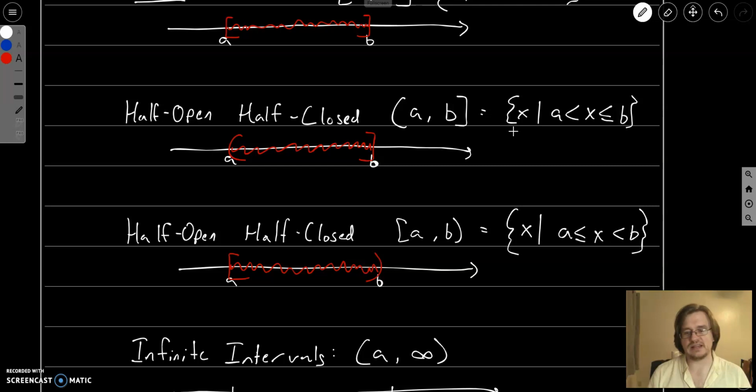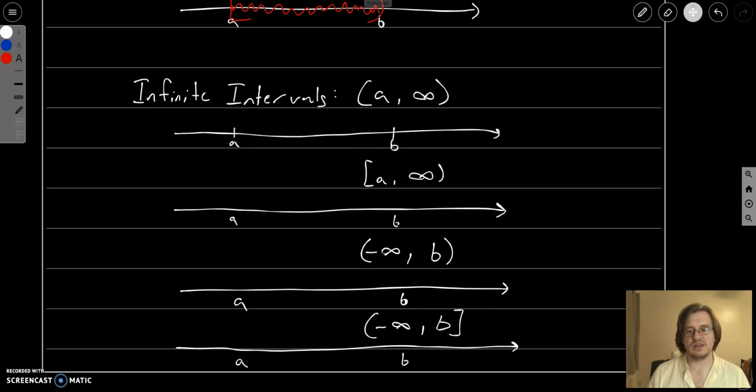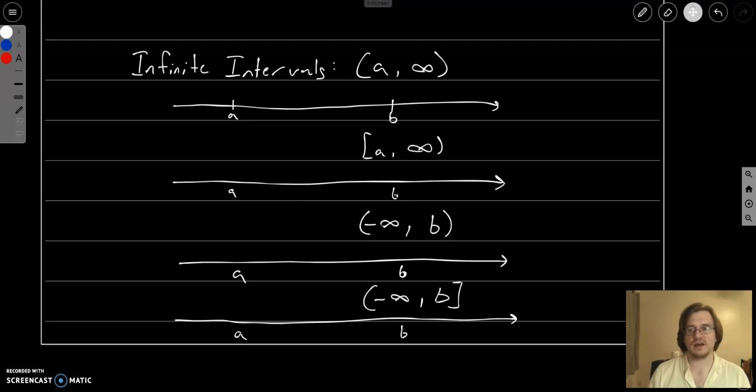Now, we could extend these intervals forever in a direction, so we get some infinite intervals as well. The notation for these is fairly similar. You can either have a parenthesis on a, meaning that we're not going to include a, or we can have a square bracket on a, which means that we will include a. But when we write infinity on that side, it means we're just never going to stop.